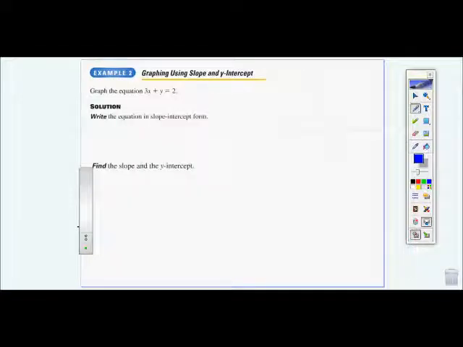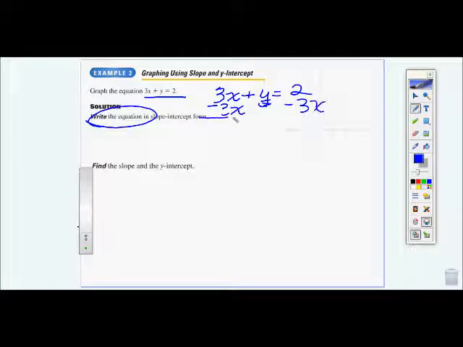So now we're going to graph using the slope and y-intercept. We're given an equation. I'm going to rewrite that so you can see it a little bit better. The first step is to write the equation in slope-intercept form. So we want y to be a function of x. I'm going to go ahead and isolate my y here. y equals -3x plus 2.